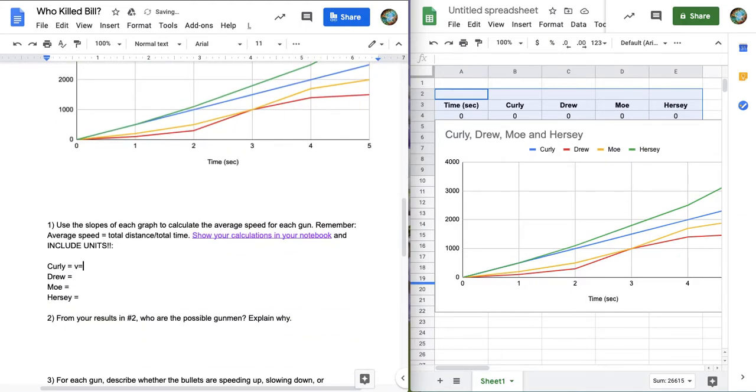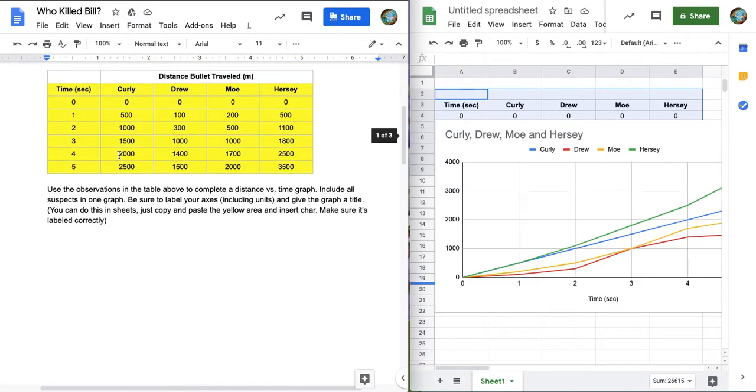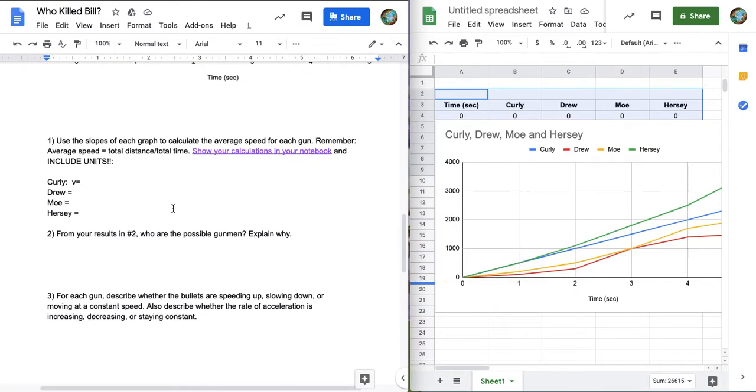So for the velocity, I wanted you guys to do this in the notebook so that you don't need to be figuring out the formatting of these. But anyway, let's go back, and again it's 2,500 meters, that is over 5 seconds.